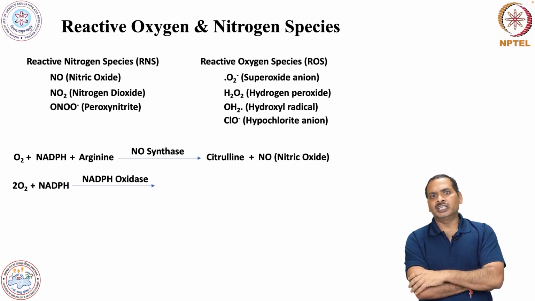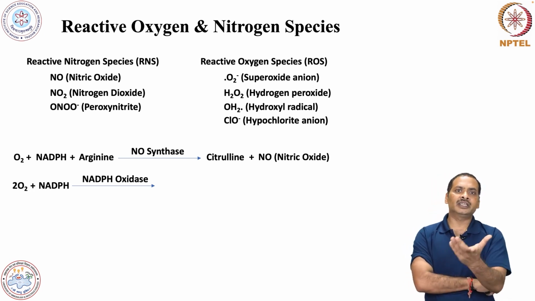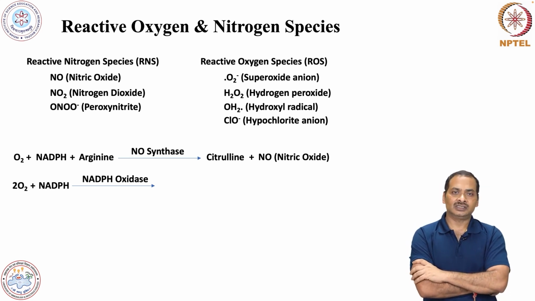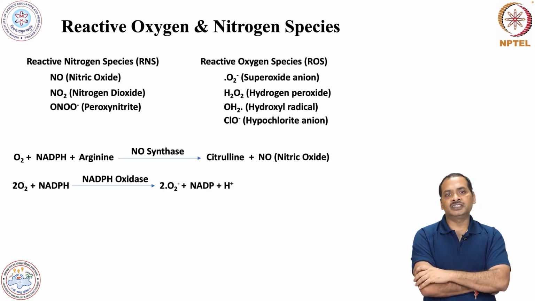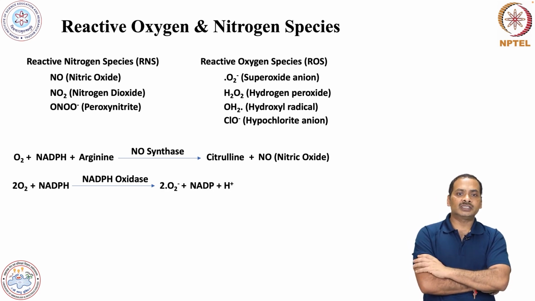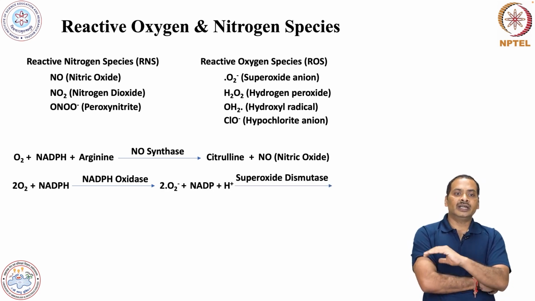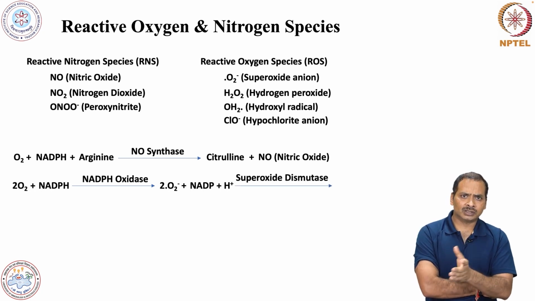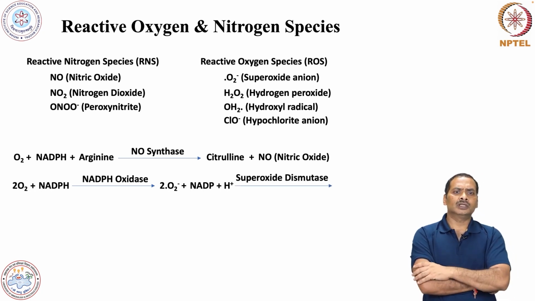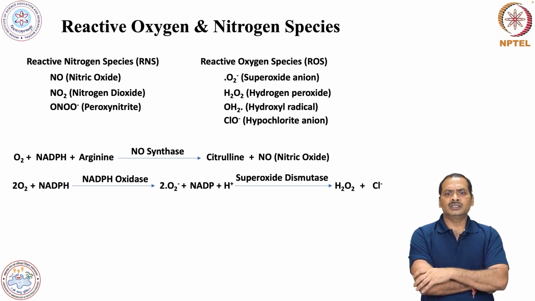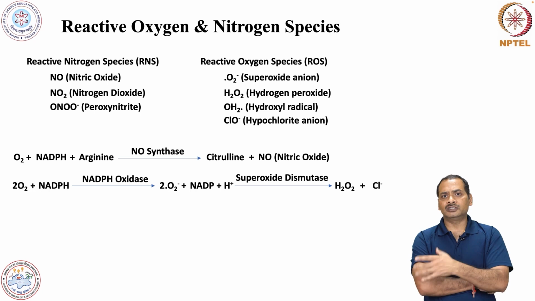You remember the NADPH oxidase is deficient or non-functional in the case of CGD. So this is the same NADPH oxidase, and that will generate the superoxide anion, and there will be a release of protons, and on the action of the superoxide dismutase enzyme over this superoxide anion, this results in the formation of hydrogen peroxide.